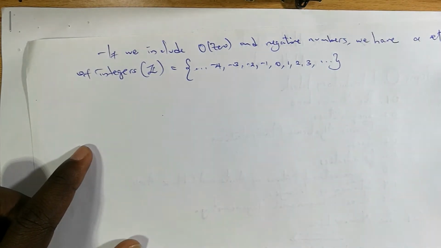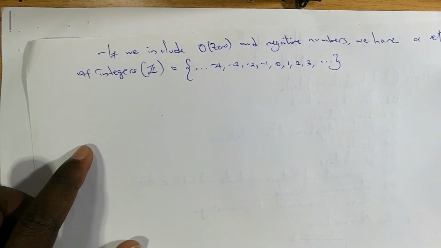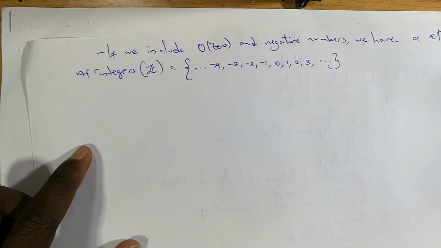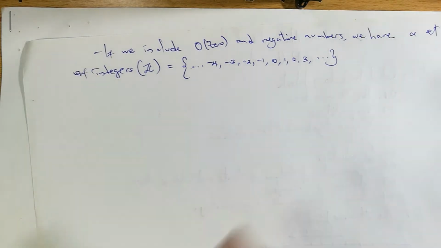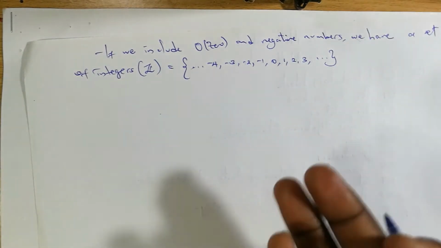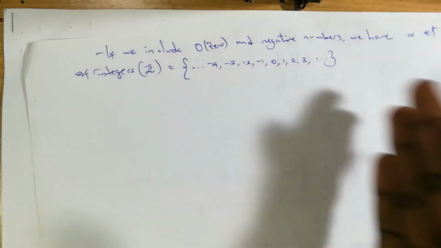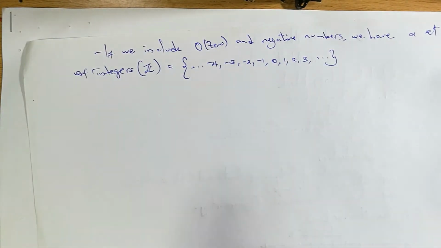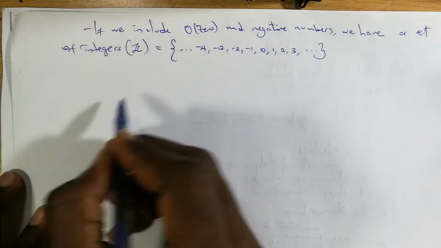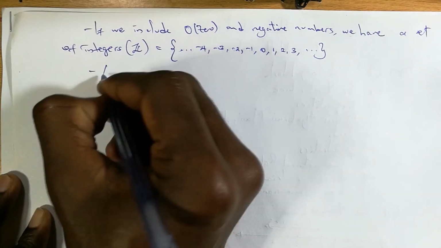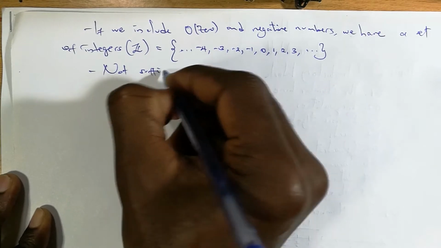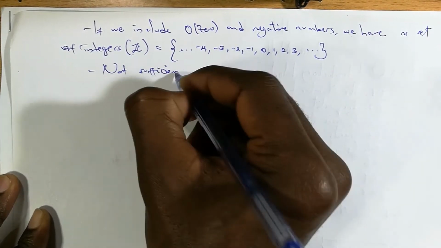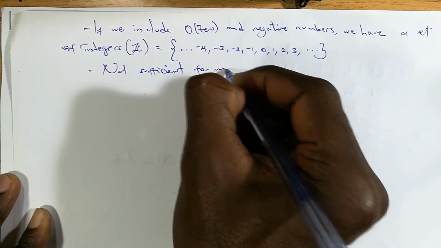This is what we basically have on the number line right now: positive integers, negative integers, and the 0. But we know that this is not sufficient for many purposes.